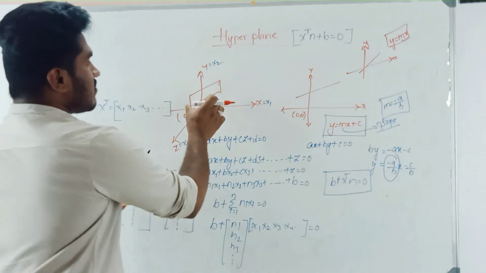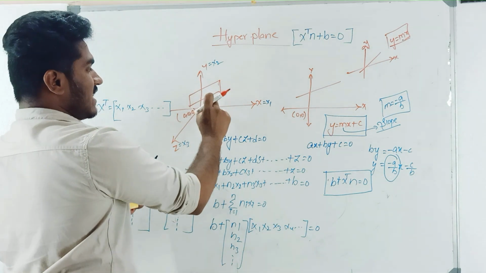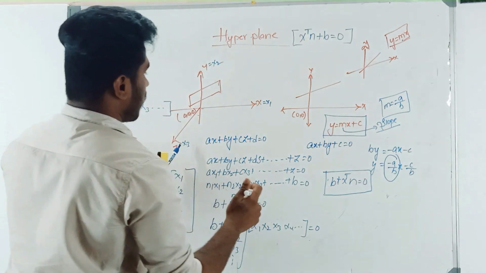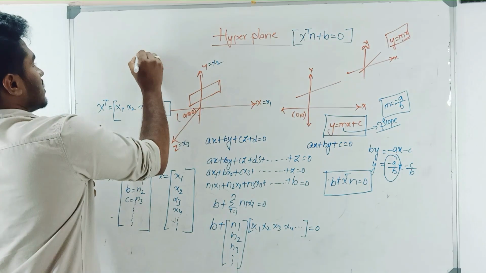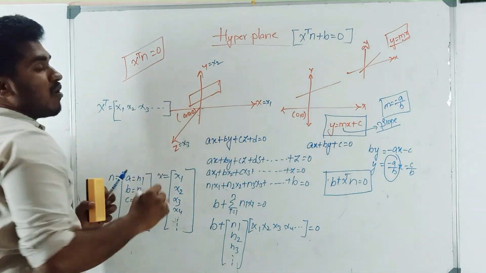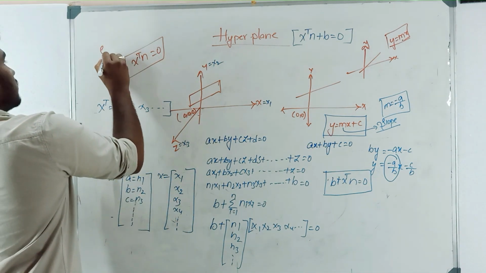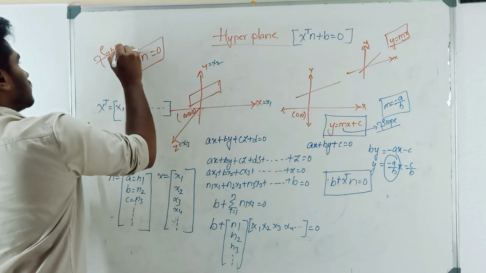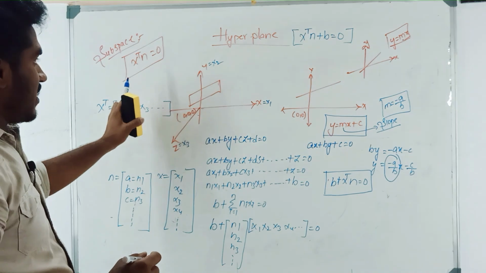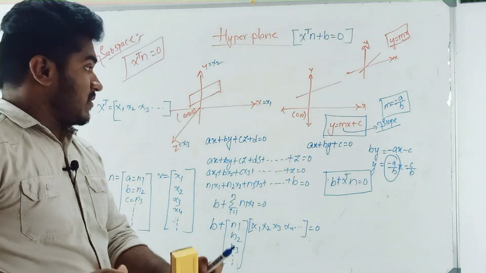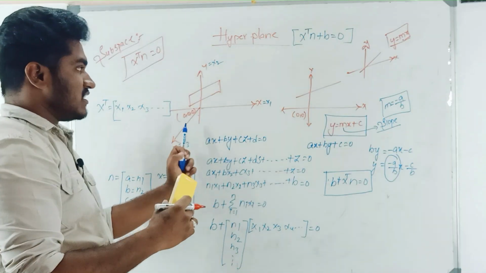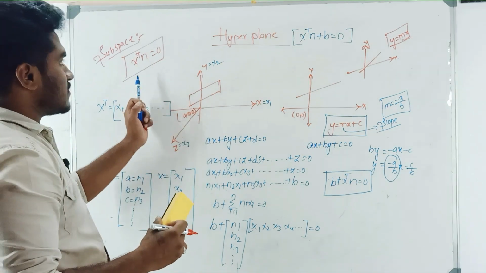In the same way, whenever the plane is passing through the origin, the equation will be transformed into x transpose n equals 0, which specifies a subspace. So this is the equation of the subspace. Just remember one thing: whenever the plane passes through the origin, it forms a subspace.